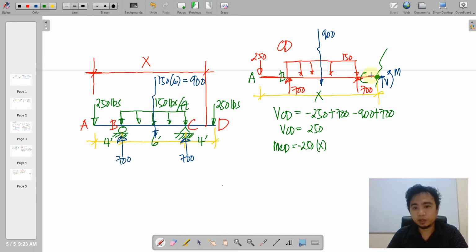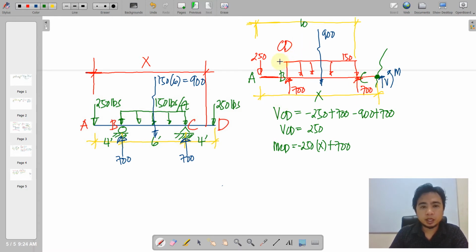So 250 here will tend to bend your fiber concaving downwards, and then an upward bending, we have 700 times the distance from point B up to this point. So of course we need to determine this excess distance here. If this is x and this is 10, therefore the excess here is x minus 10.